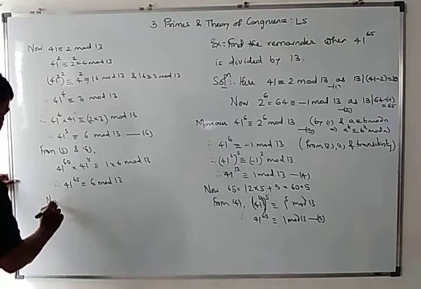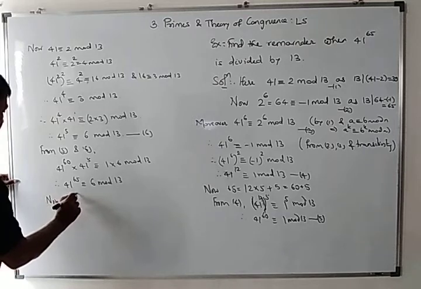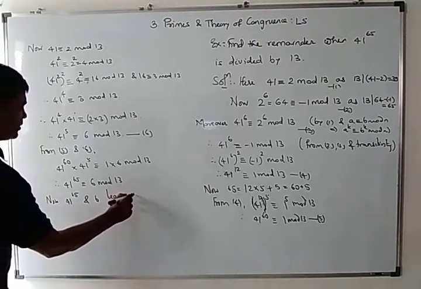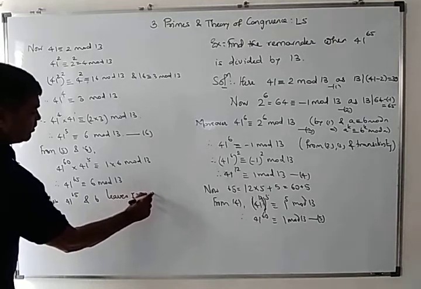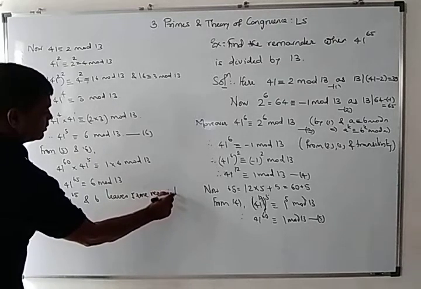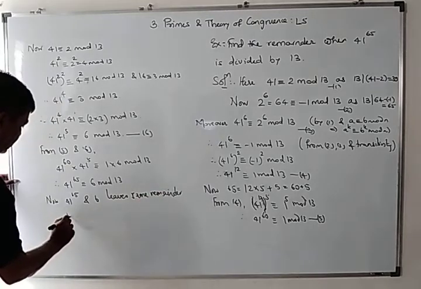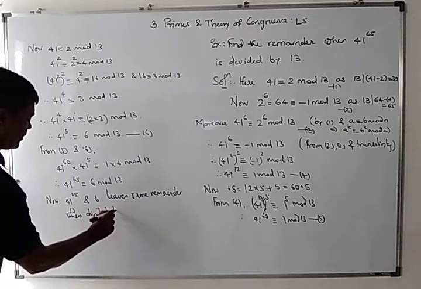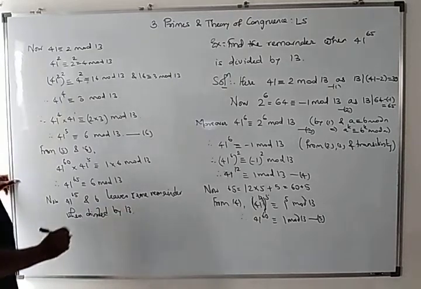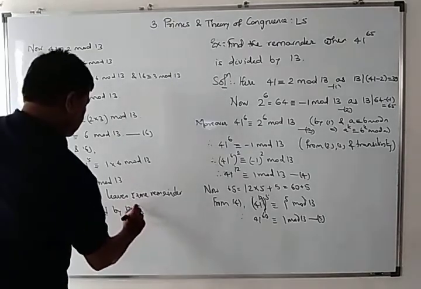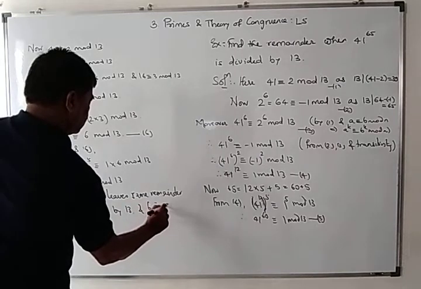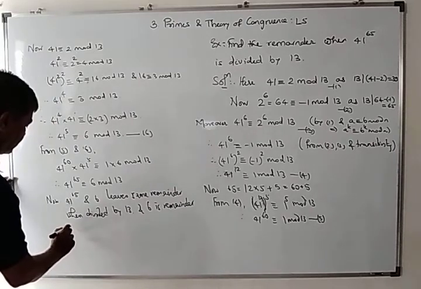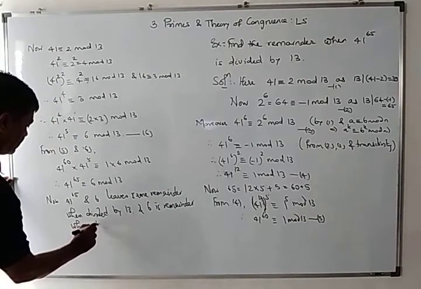Now, 41 raised to 65 and 6 leave the same remainder when divided by 13, and 6 is the remainder when 6 is divided by 13.